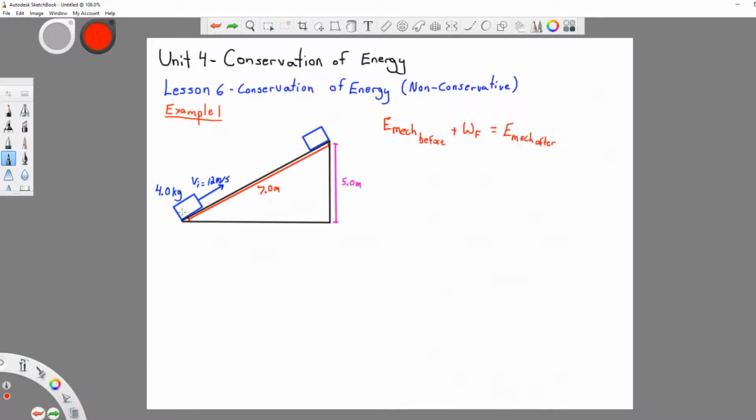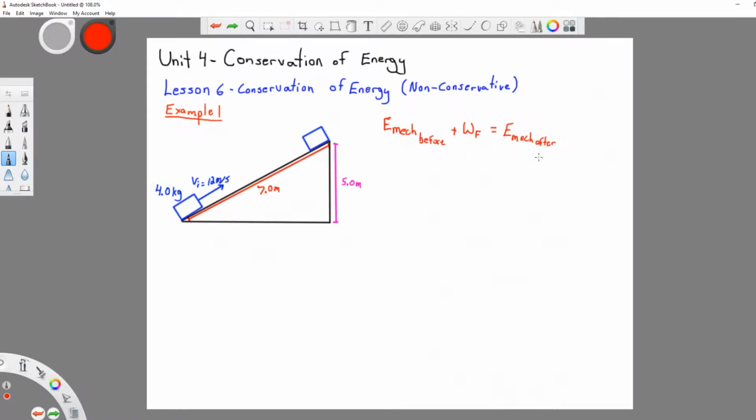But work, generally speaking, is going to be removing energy from our object. It's what friction does. Okay, so energy mechanical before, plus or minus, right? We say plus in our formula, but work can be a negative value. So mechanical energy before plus or minus work function is equal to mechanical energy after.